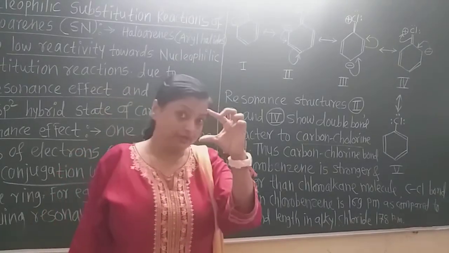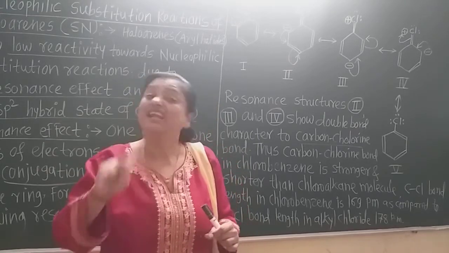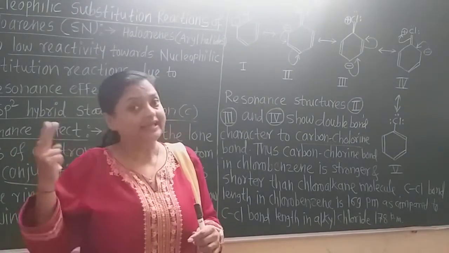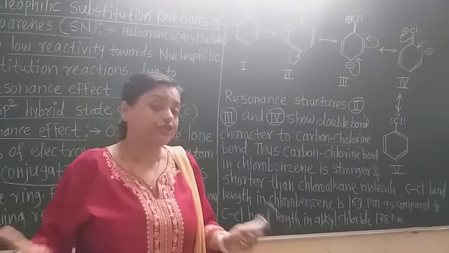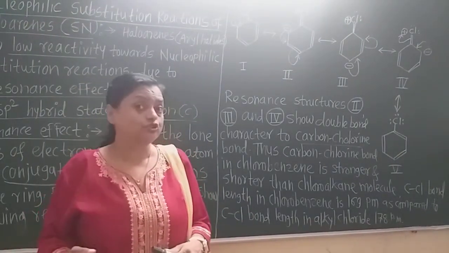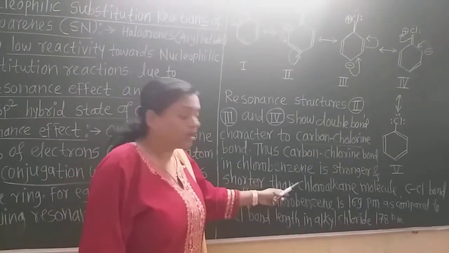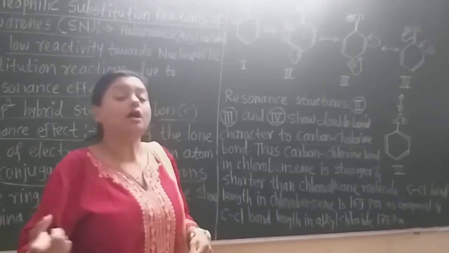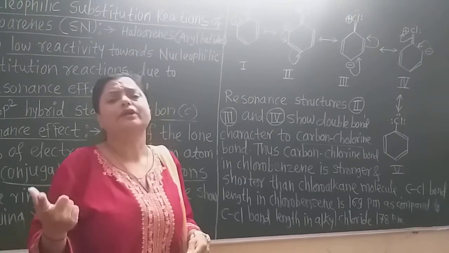Due to that, it becomes shorter and stronger. But that is not the case in the alkyl or aliphatic chloroalkane. In chloroalkane, such double bond character is not there, because there is no conjugation, no resonance. So the carbon-chlorine bond in haloarenes is shorter than in chloroalkanes, such as methyl chloride or ethyl chloride.